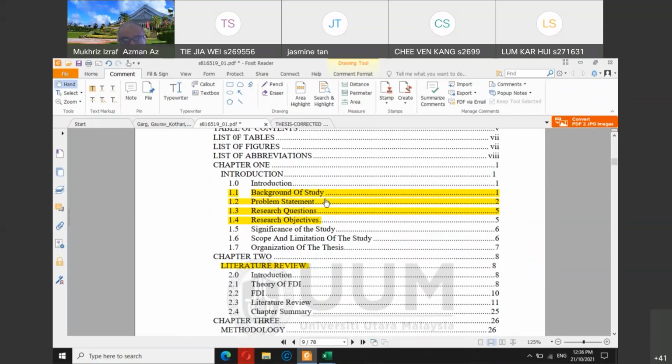Not just because it's part of your requirement to get your degree lah. So at least try to find one concrete reason why it is important for you to investigate that issue. So that will be the purpose of the problem statement later lah.